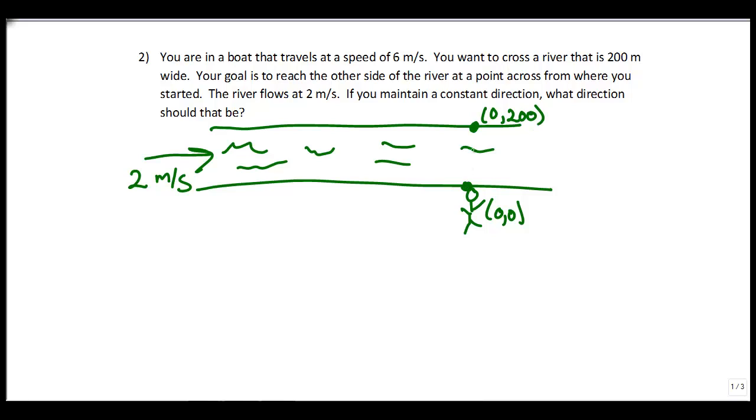Now, if you just take off straight for that point, you're going to move directly toward that point, but the current is going to push you here, and you're going to end up somewhere over here. So what we're going to have to do is aim somewhere up here as our direction. Let's call that v here. We'll talk about that later.